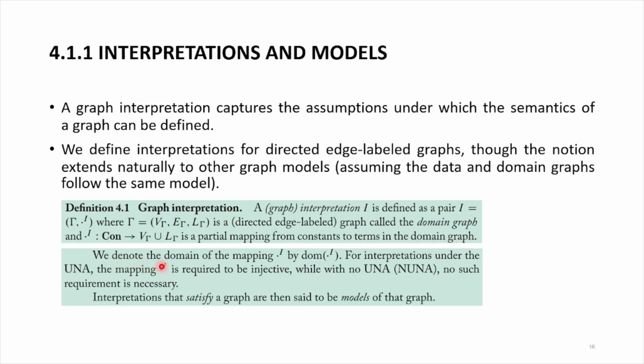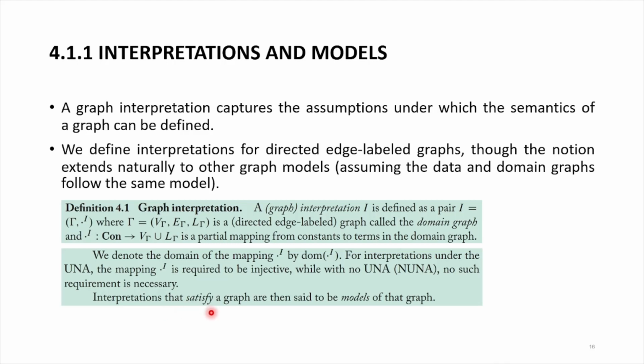We denote the domain of the mapping by this symbol. For interpretation, under the unique name assumption, the mapping is required to be injective, while with no unique name assumption, no such requirement is necessary.